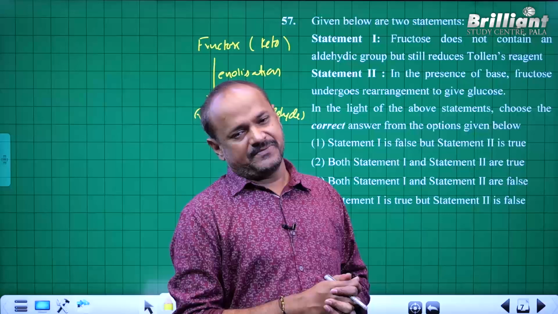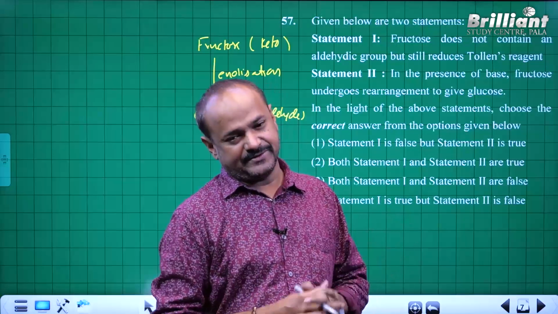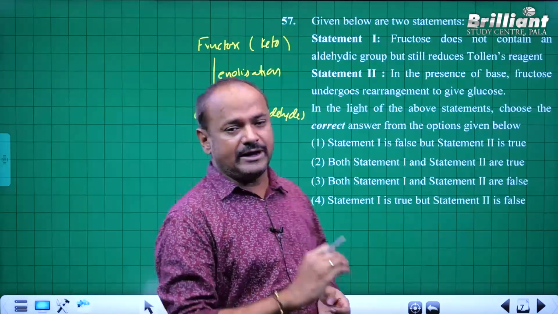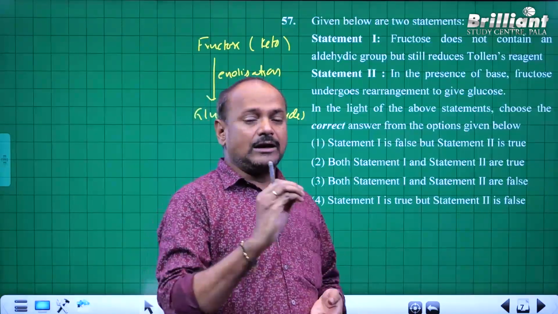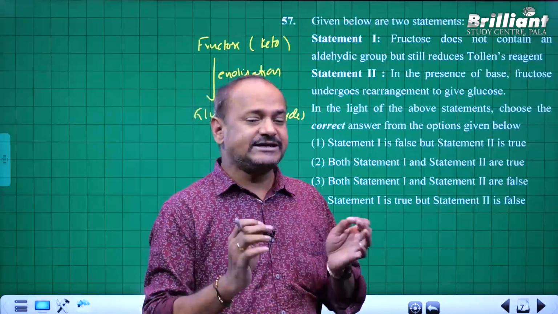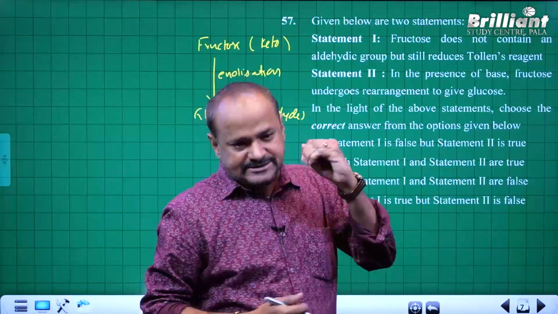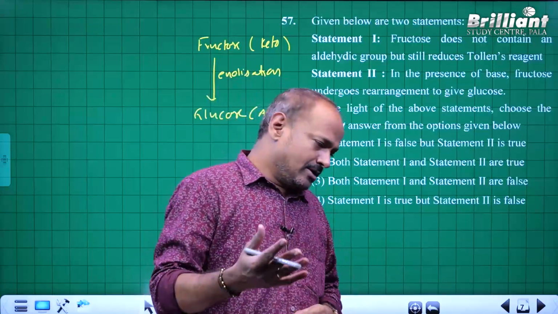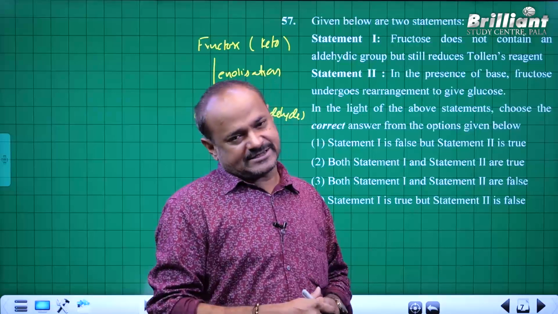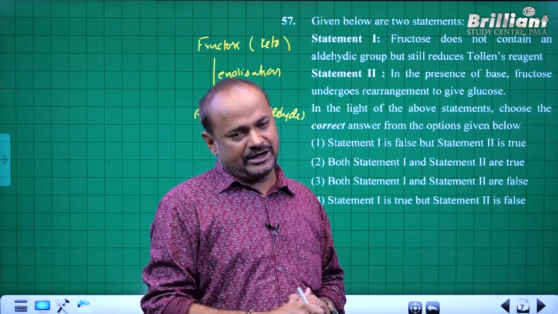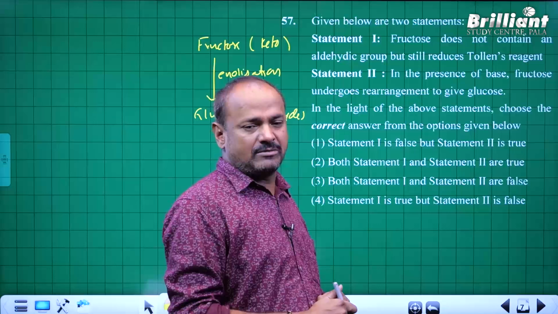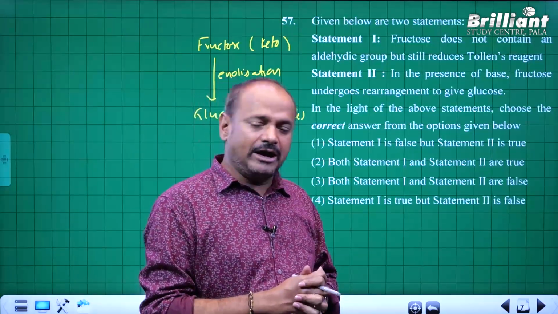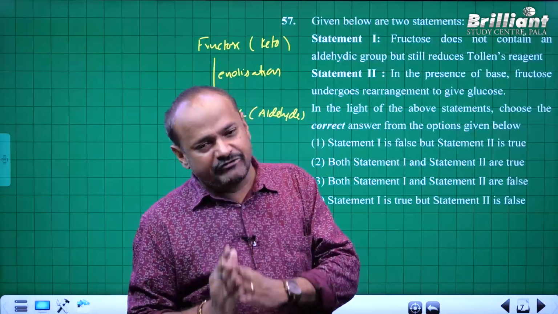Glucose also does not react with Schiff's reagent, because in the medium of Tollen's reagent, ammoniacal silver nitrate, and alkaline copper sulfate, that is Fehling's solution, the basic medium, enolization occurs. But Schiff's reagent, para-rosaniline hydrochloride, is not in an acidic or basic medium. That is unable to bring enolization or conversion of the cyclic form into the open chain form.